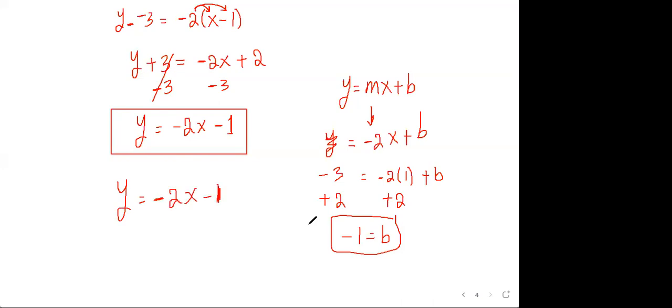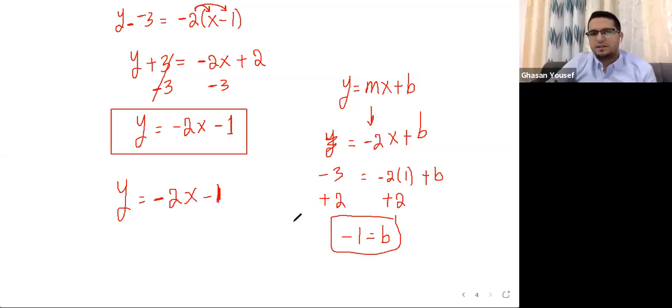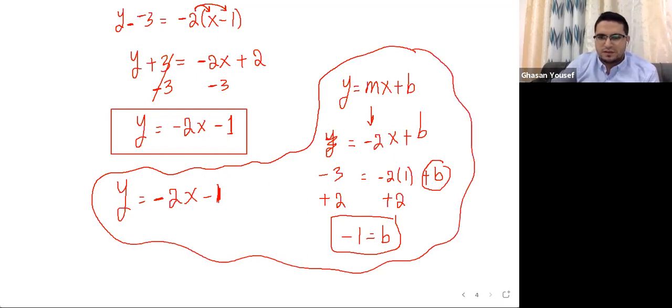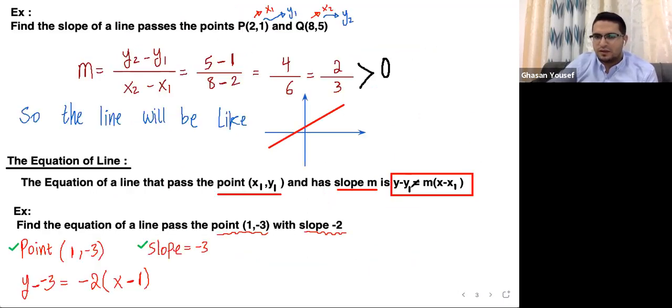Like this, right? Yes, correct. That's what I was trying to explain. Yeah, this is nice. Also, you can use the point -3, -2, plug in the 1, and you find the b. Or if you don't know this, you can use the equation of the line y minus y1 equals m times x minus x1.